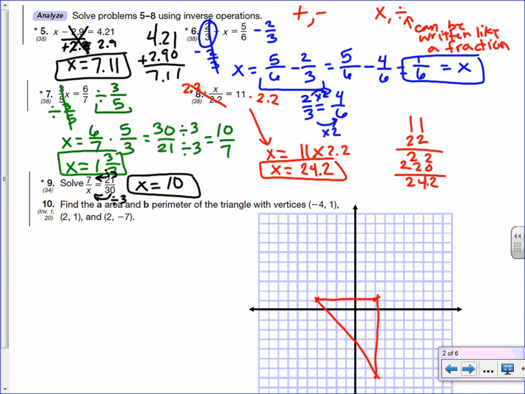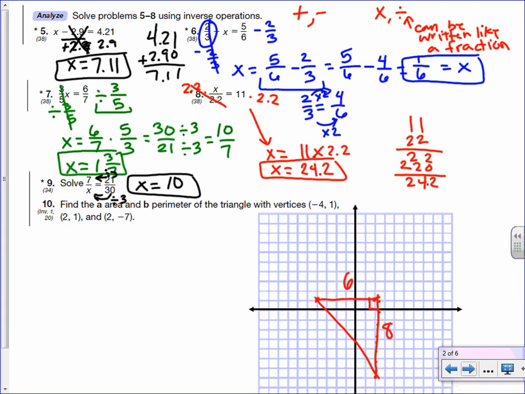If I want to find the area, I need to find the lengths of the two legs. So 1, 2, 3, 4, 5, 6 here. 1, 2, 3, 4, 5, 6, 7, 8 here.